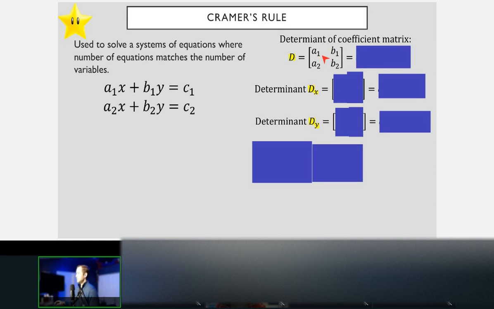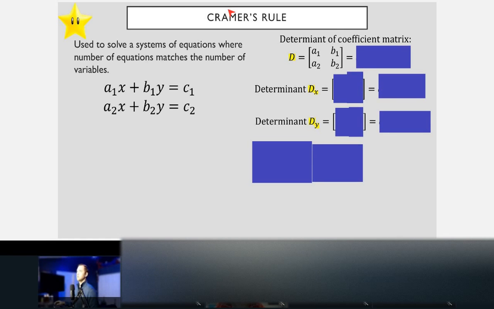Okay, so in chat, what is the determinant going to be equal to based on what I showed here? What do we get? A sub 1 times b sub 2 minus a sub 2. Well, basically, yes.